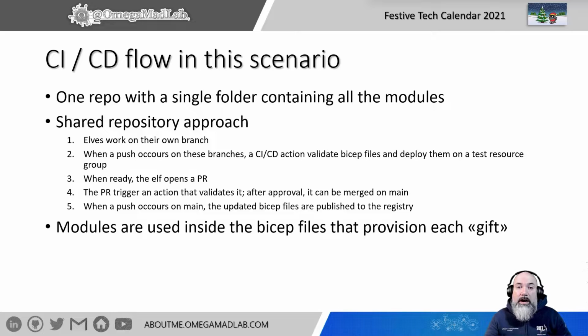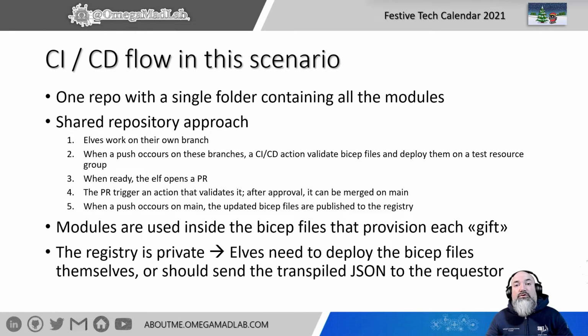Instead, our elves should transpile those Bicep files into JSON ARM templates that contain all the resources, including the ones generated by the modules in terms of nested deployments, and then send the JSON ARM templates to John and Lucy.